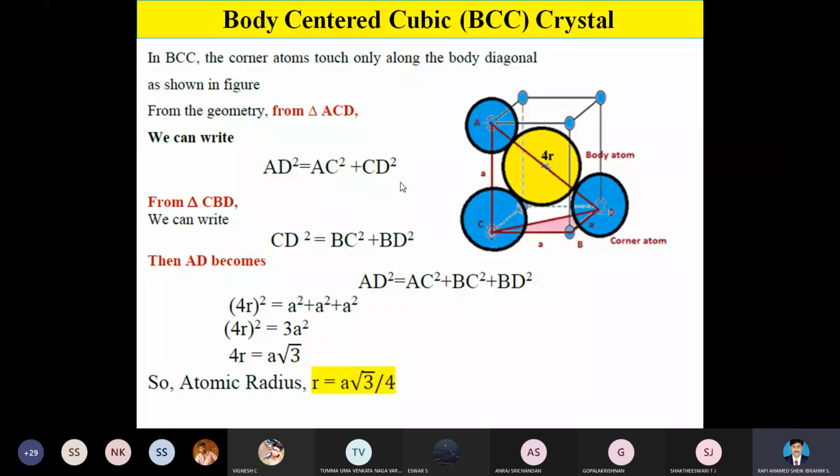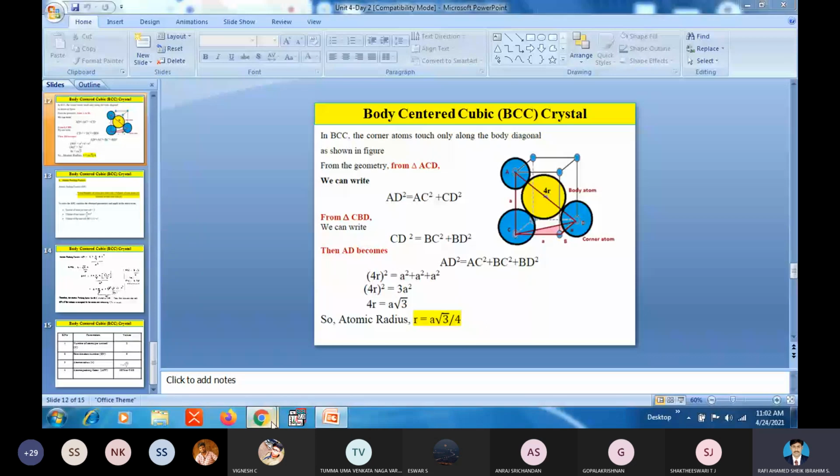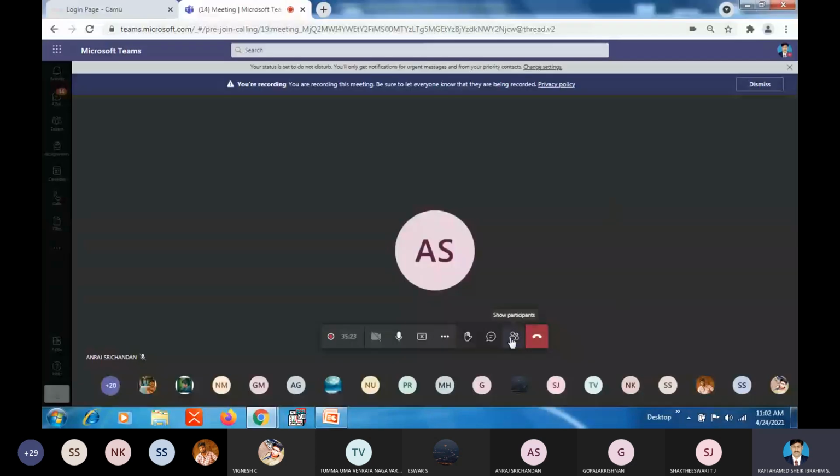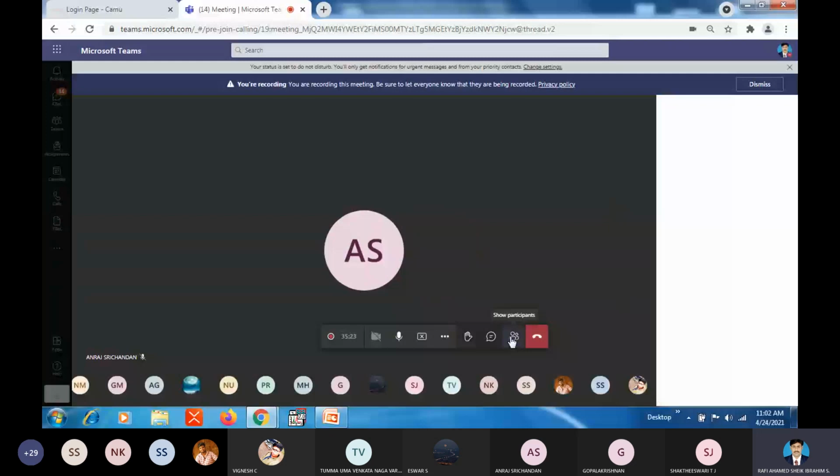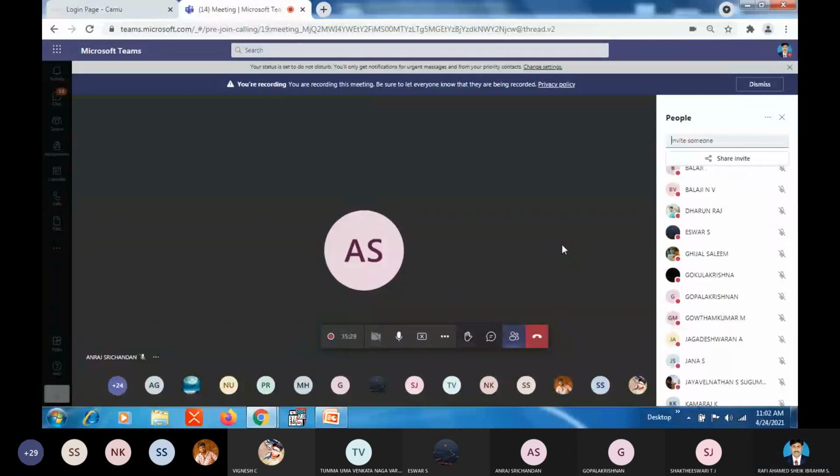Can anyone say what is the number of atoms per unit cell? Students, please come forward. Anyone? Otherwise, I have to choose and ask. Salim. Salim, can you say the number of atoms per unit cell for BCC structure?